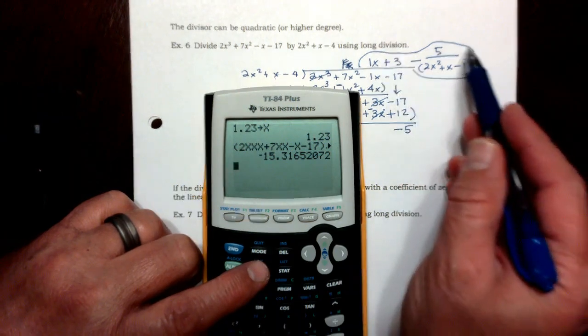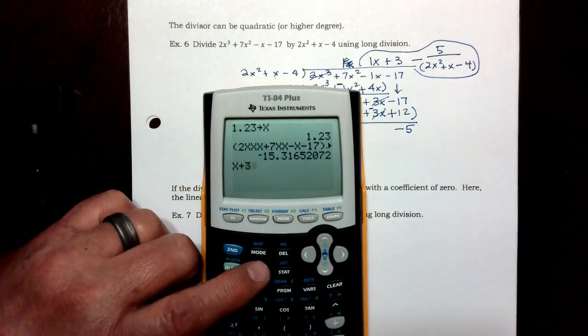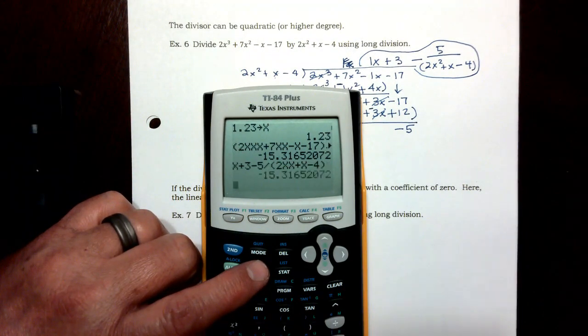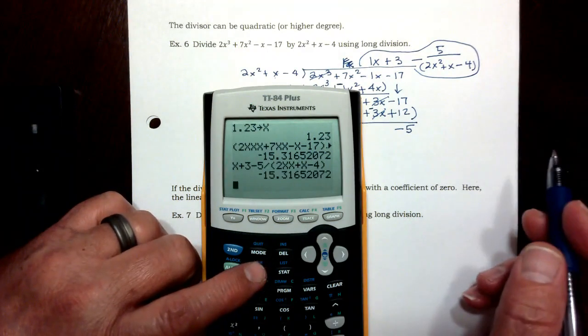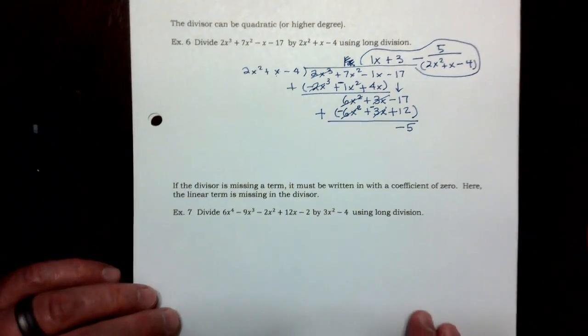Now when I type this quotient, I should get that same result. So x plus 3 minus 5 divided by, and I'll put that expression down there in parentheses as I stated earlier, and we should get the same result, and we do. So that's our confirmation that all that work was good work.